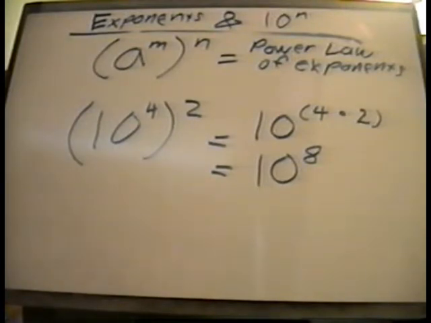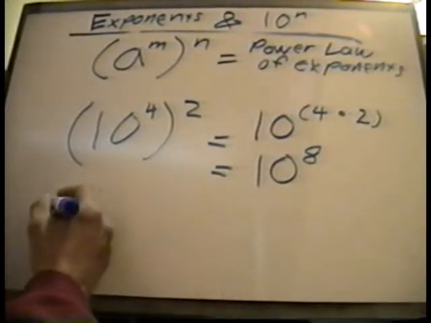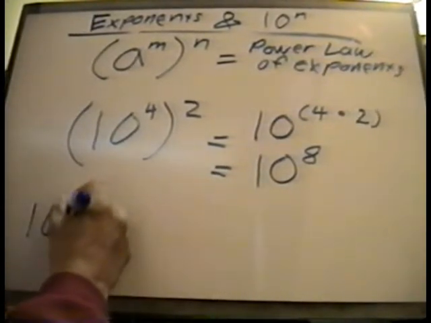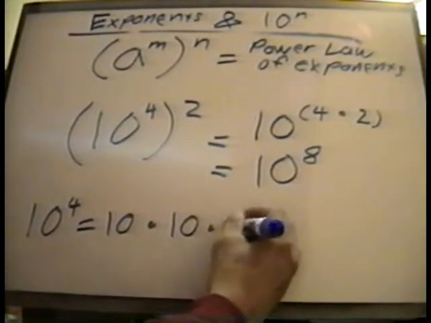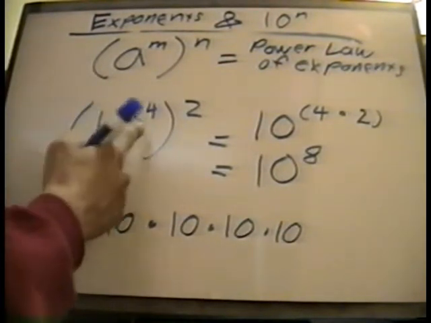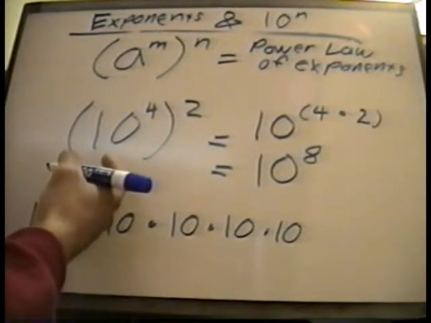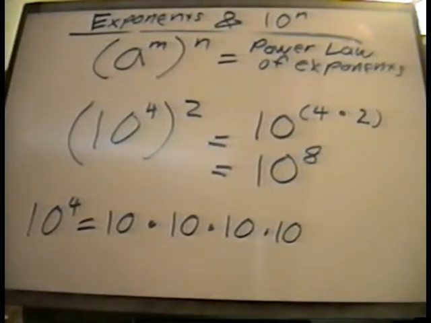Now 10 to the power of 4 equals 10 times 10 times 10 times 10. Now if we take 10 to the power of 4 and we square that, because 10 to the power of 4 equals 4 products of 10, okay?